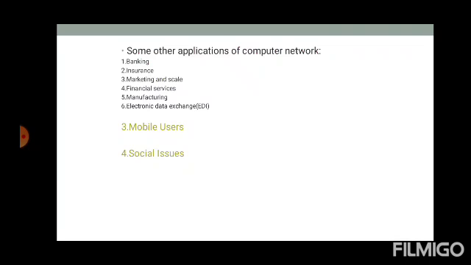Some other applications of computer networks are banking, insurance, marketing and sales, financial services, manufacturing, and electronic data exchange, that means EDI. In banking, computers are instrumental to the way the banking industry performs its business.